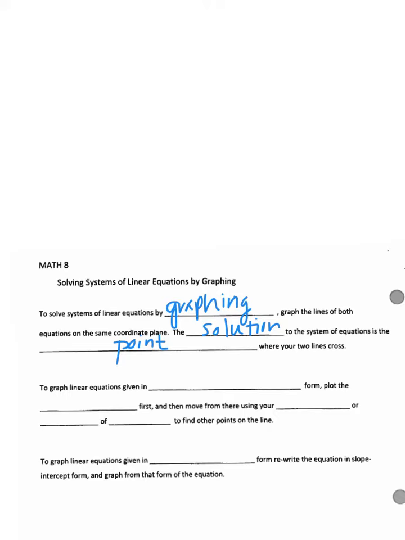So to graph linear equations that are given in slope-intercept form, which is the y equals mx plus b form of an equation, we are going to plot the y-intercept first, and then move from there using our slope, which we also call our rate of change, to find the other points on the line.